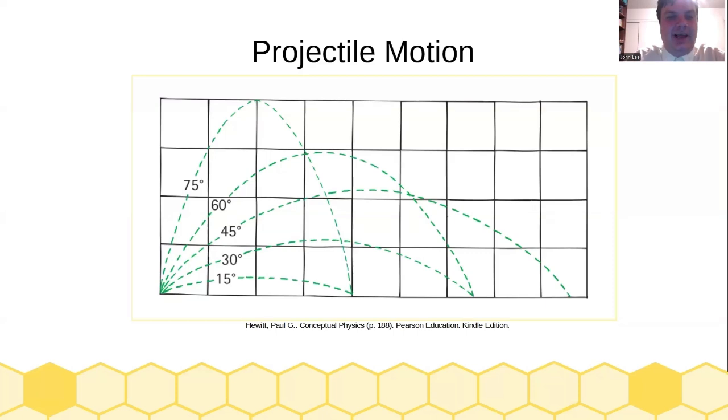So it is going to land in the same position as 30 degrees. This is also true for 45 degrees plus 30 degrees or minus 30 degrees, which corresponds to 15 degrees and 75 degrees, or any angle that you choose.